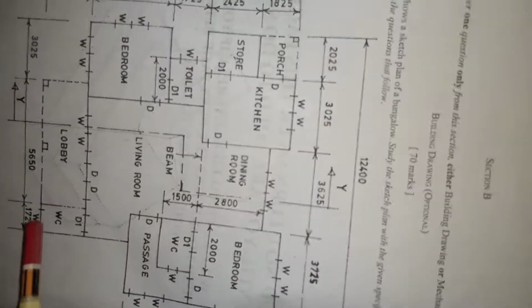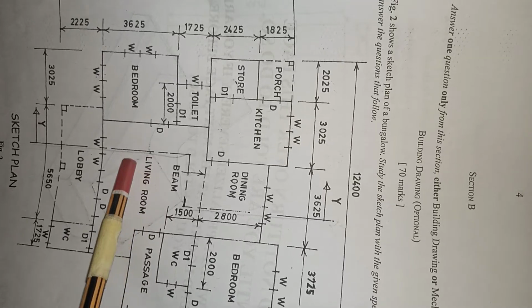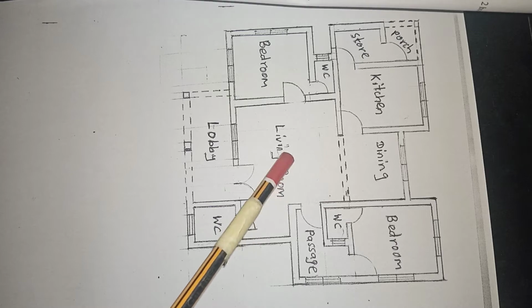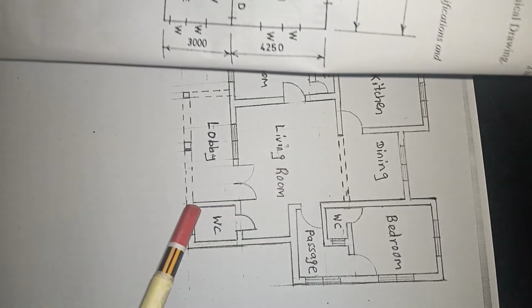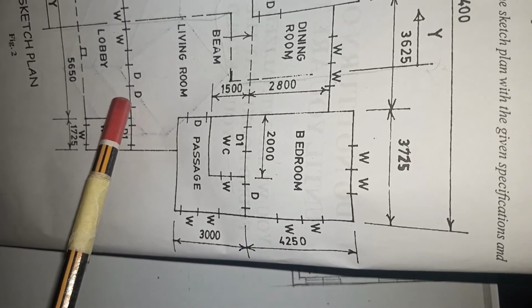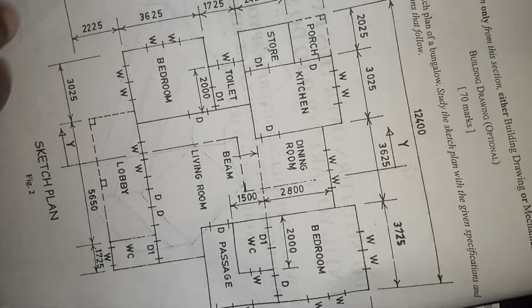Okay, from the lobby, we'll go to the living room. This is the living room on sketch plan, but this is the drawing of the living room. The living room has an entrance door which is big in size.